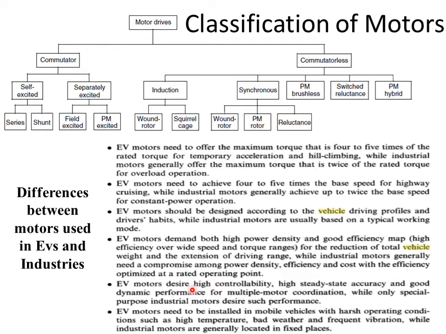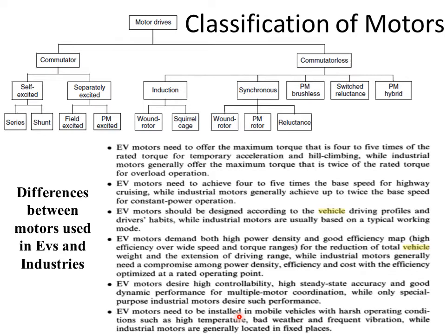And also EV motors need to have high controllability, high accuracy and good dynamic performance compared to industrial motors. And last but not least, EV motors need to be installed in mobile vehicles and must be capable of withstanding harsh operating conditions like bad weather, frequent vibration, temperature and all those things.